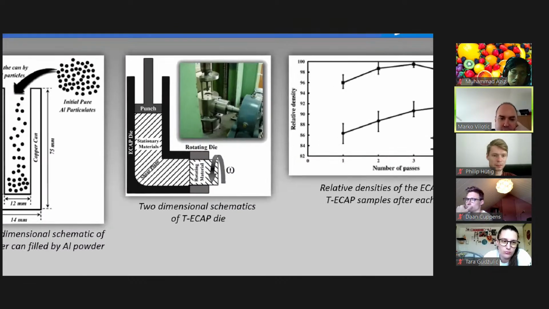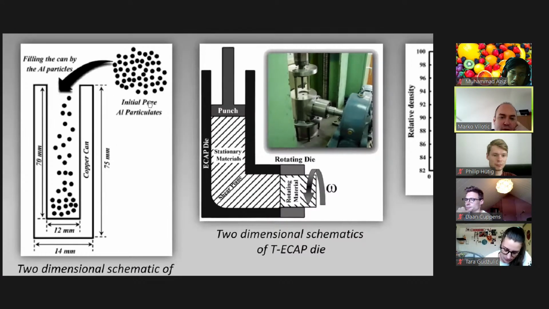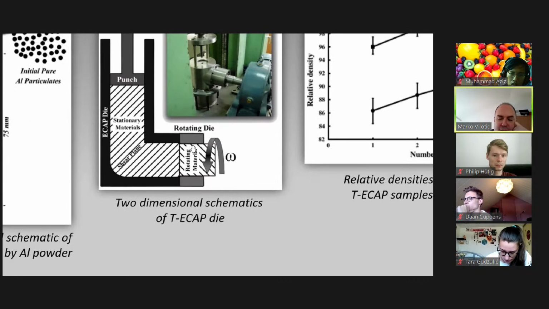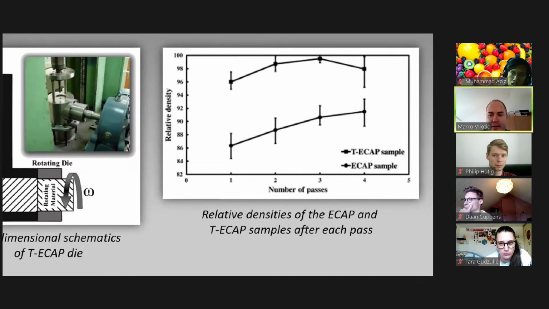So you can see here, this is a copper can, and they put pure aluminum particles in, and they close this can and process it through SPD. Not only that, they add some twisting at the end. They want to squeeze the material as much as possible.